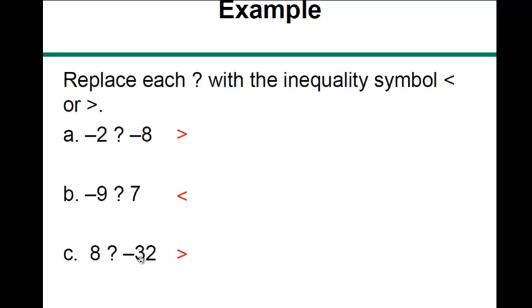And 8 is greater than -32. So when you're looking at signed numbers, especially when you're talking about which one's greater than, which one's less than, it's opposite when you're talking about negative numbers. The larger the negative number, actually the smaller the number is, the less money you have.